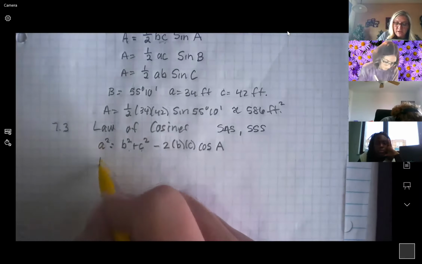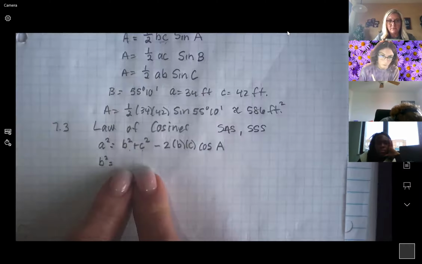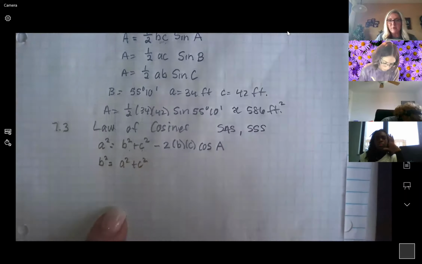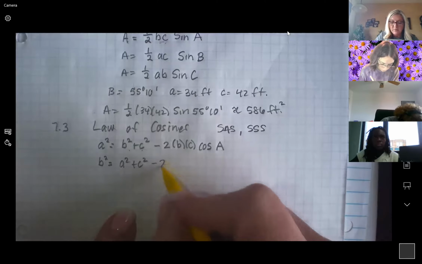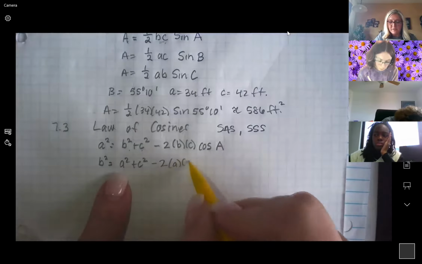So we could also have b squared. What are my other two sides? a and c. Yeah, good. So a squared plus c squared. So it's easy to memorize. Minus 2, and then we have ac. Again, you don't have to put the parentheses in if you don't want to.